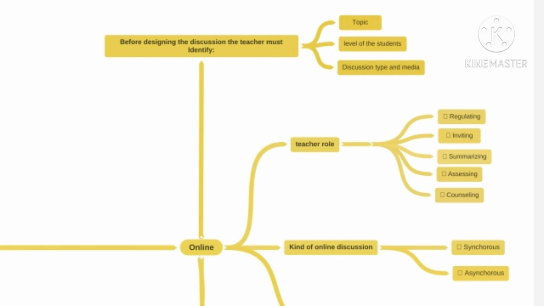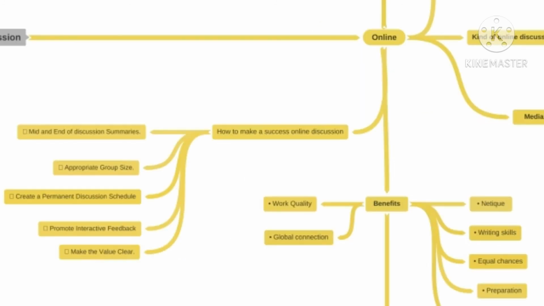Then, in an asynchronous method, the discussions carried out do not immediately get a spontaneous answer, such as discussion via a WhatsApp group chat, Messenger or Telegram. Also, this method is specialized to promote critical thinking of the students.